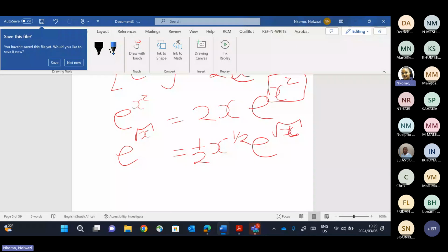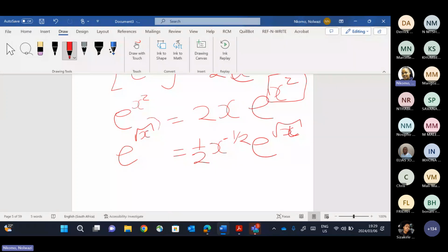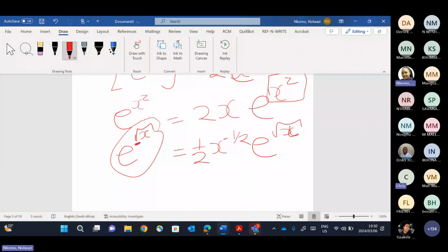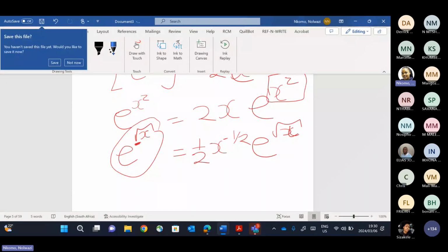You'll have something like this. So we cannot always assume that you'll get this function. If the exponent is just a variable as it is, then you can conclude that the function will give you the same thing.